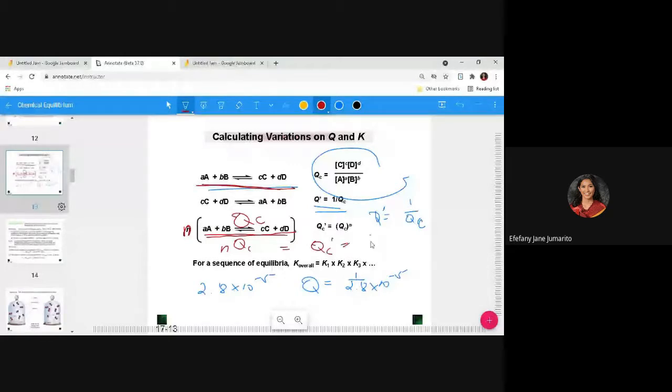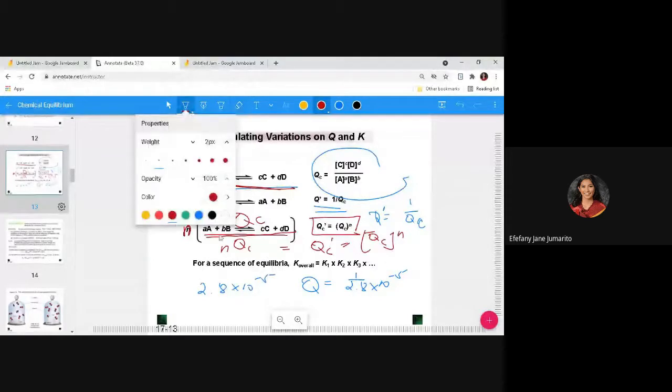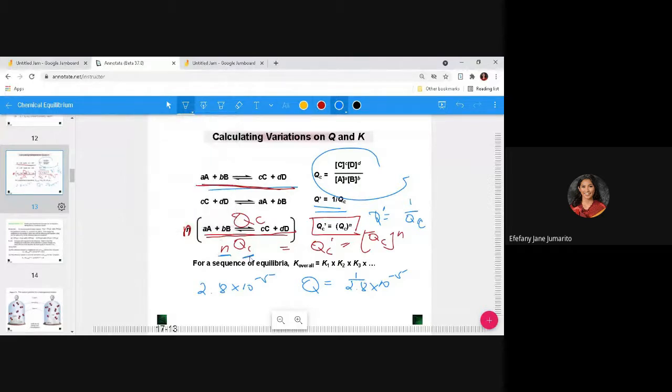So this one is true, it is correct. The N here will be your coefficient, then for the Qc compound, the coefficient will become an exponent. Question? None? Okay. So we have that one.